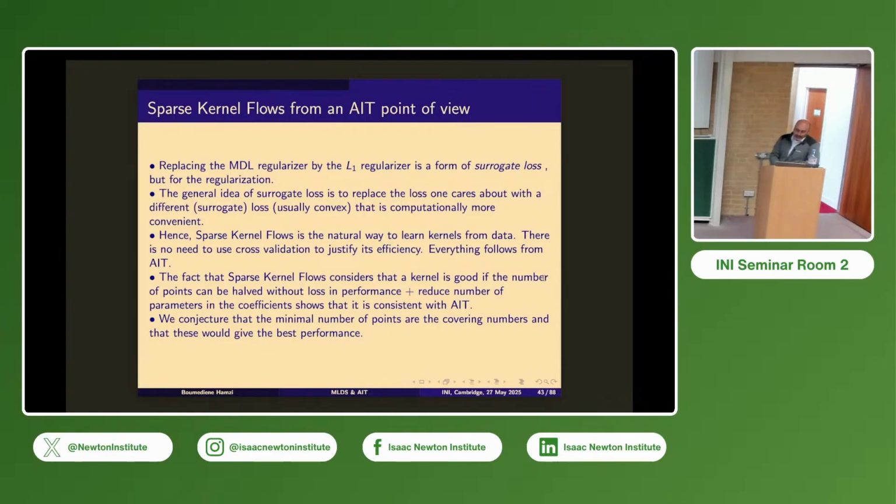This method considers the kernel good if the number of points can be halved, or compressed in the language of AIT, with no loss in performance, plus we reduce the number of parameters in the coefficients in the kernel. This is consistent with MDL, where we are compressing both data and coefficients. We didn't prove which points we should use, but we conjecture that they are the covering numbers that show up in learning theory.